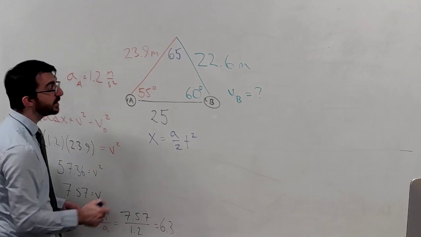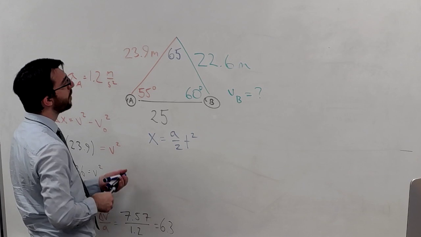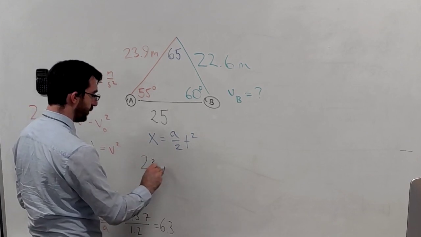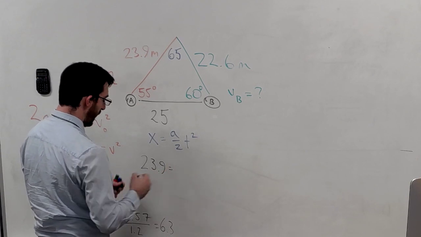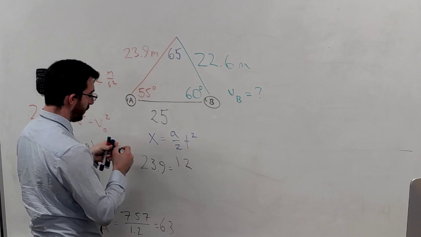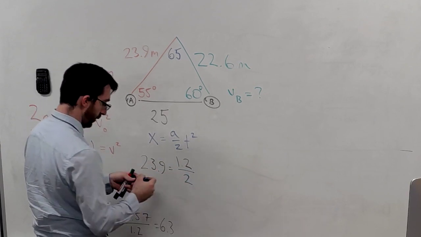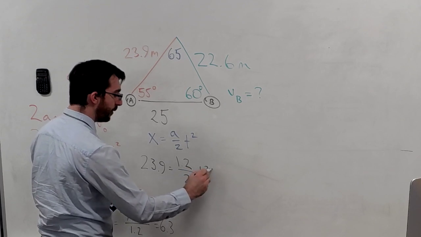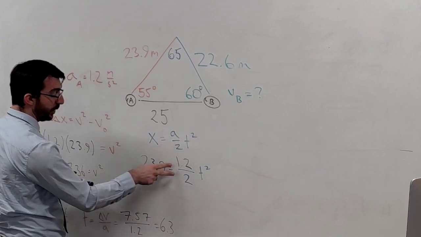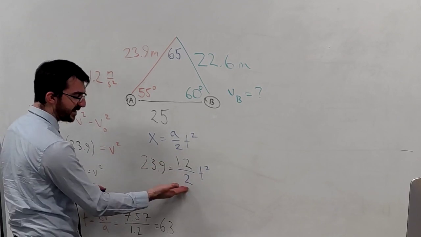If you do this, then you'd be looking at a distance of 23.9, an acceleration of 1.2, and an unknown time. If you're going to solve for that t squared, it would be helpful to simplify that. This right here is 0.6.